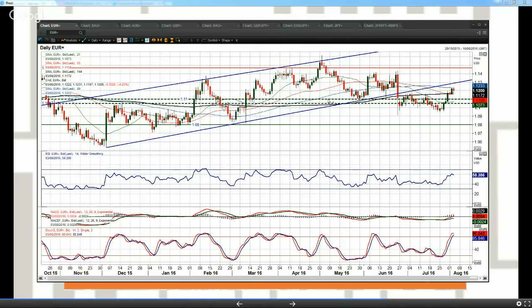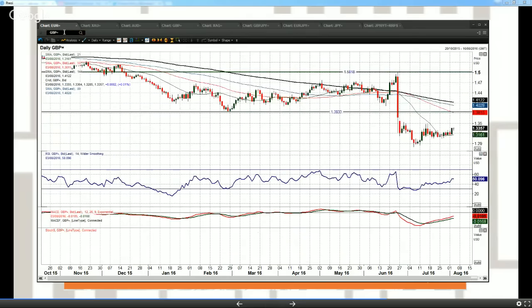Having broken that uptrend channel, I think that uptrend channel becomes the basis of resistance. That's currently around 1290, the 13-figure area. I think this could be around about that level. I have been saying that for a couple of days now, and I am surprised how strong the euro has been in that time.